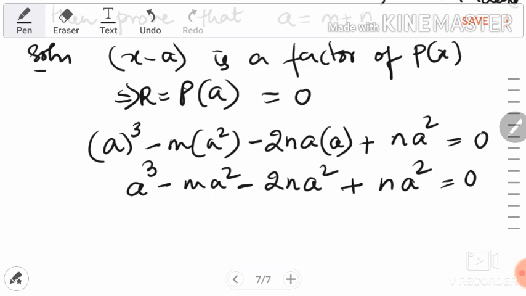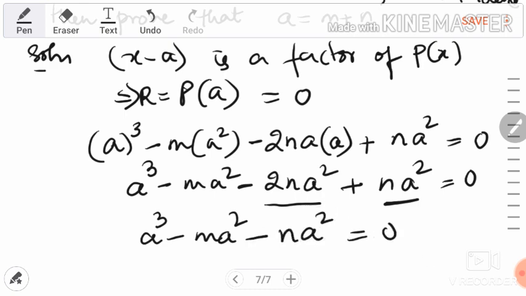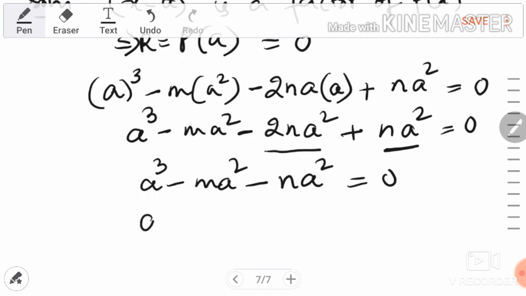Now there are some like terms here. Minus 2na square and na square can be added. That will give us minus na square. Now we will take a square in bracket because all terms have a square as a common factor.